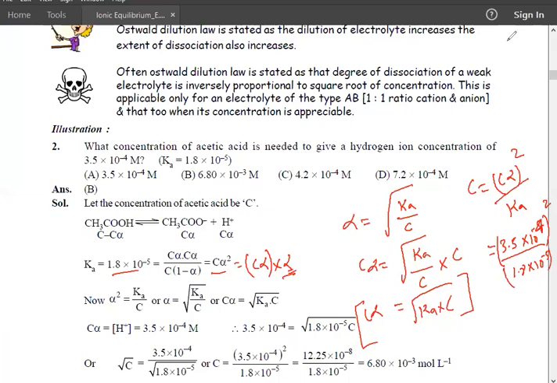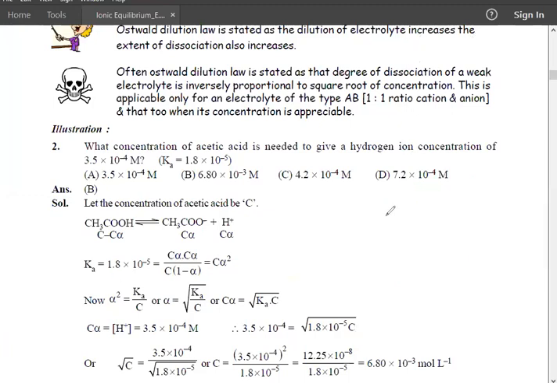Obviously you have to think about the approximate answer. That is 3.5 into 3.5 into 10 to the power minus 8 divided by 1.8 into 10 to the power minus 5. See this, it is almost 2, but a bit less than 2.